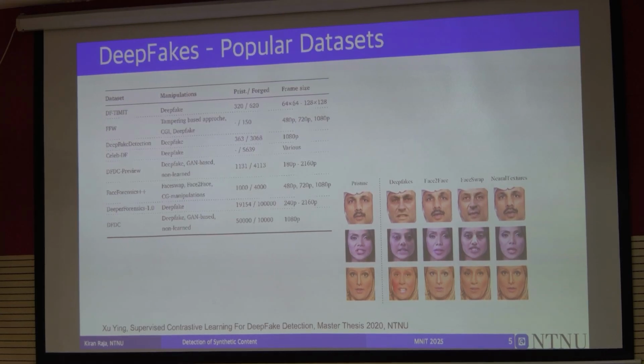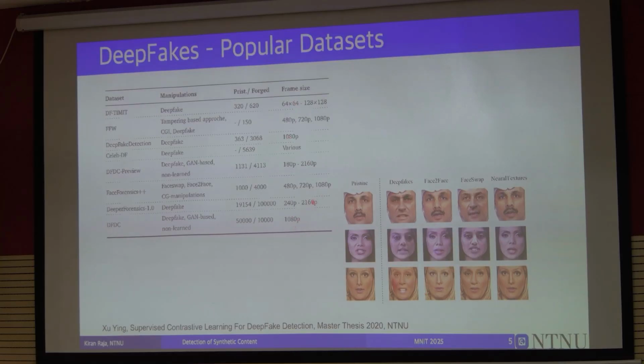And then you have the other one, which is deepfake GAN, which is here. And then you have a combination of these, and a combination of other approaches which are non-learned approaches as well. So all of them lead to some synthetic content, right? If you look at the quality itself, you can see all the way from 64 by 64 to 1080p.